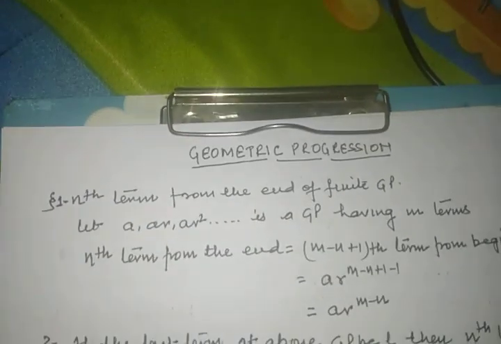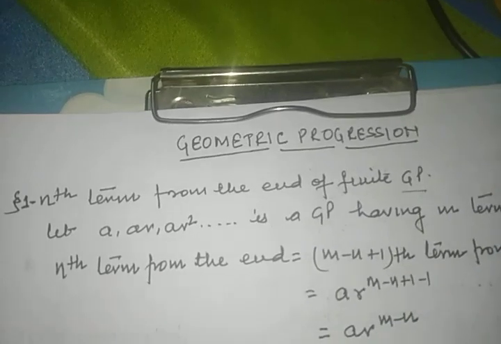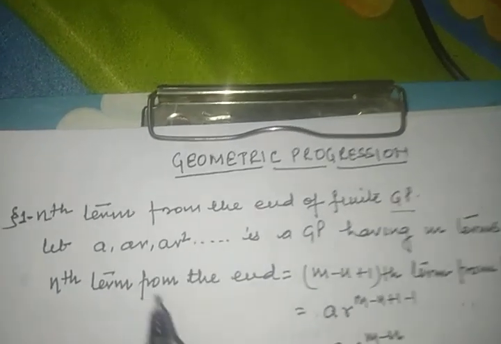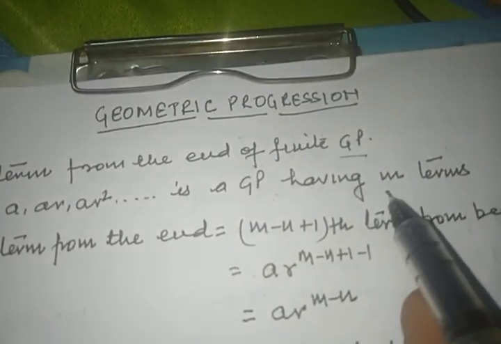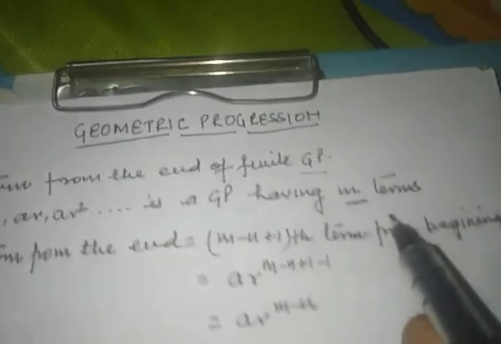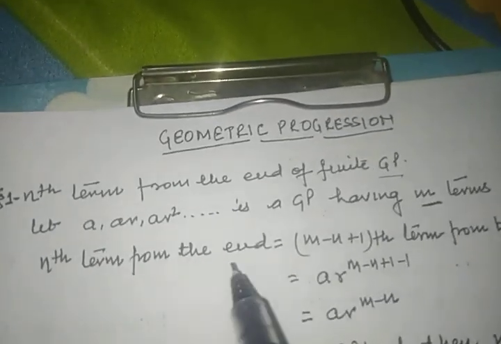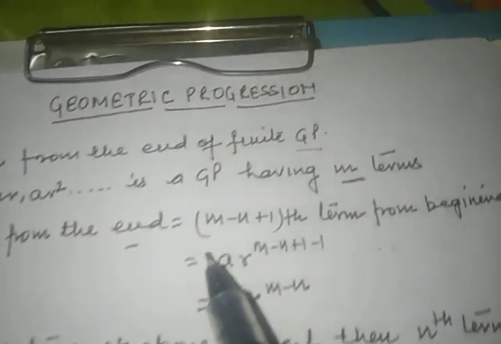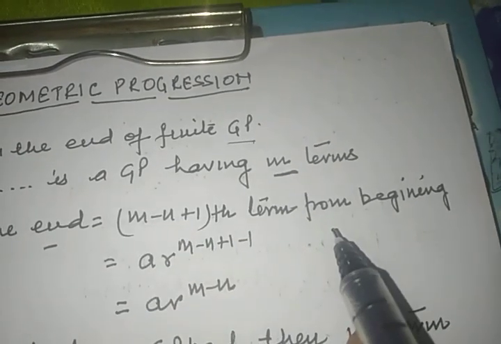Now see, this is the nth term from the end of a finite GP. You have to find the nth term from the end. If a, ar, ar square is a GP having m terms, then the nth term from the end will be the (m minus n plus 1)th term from the beginning.